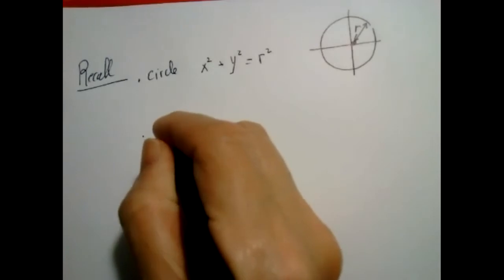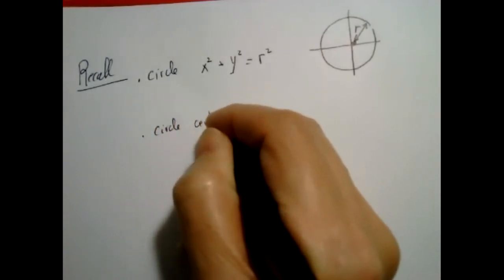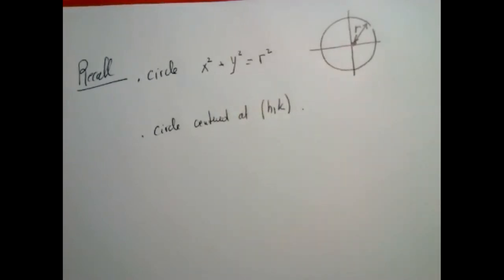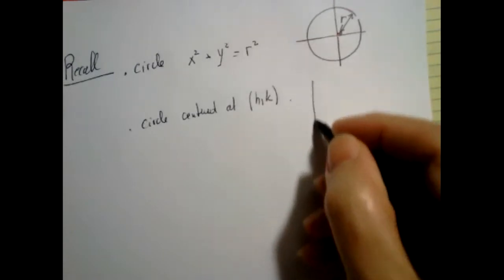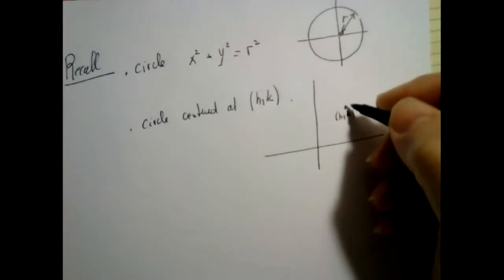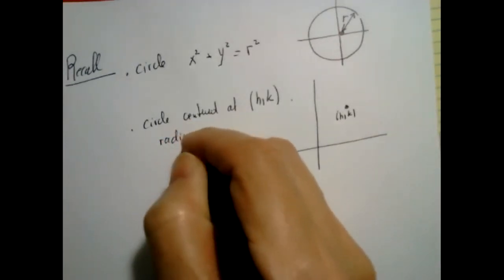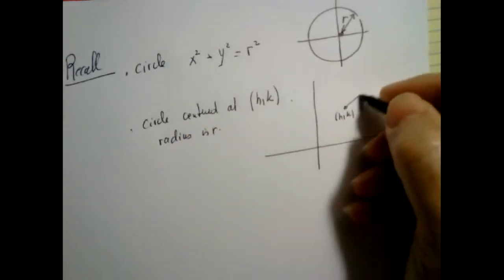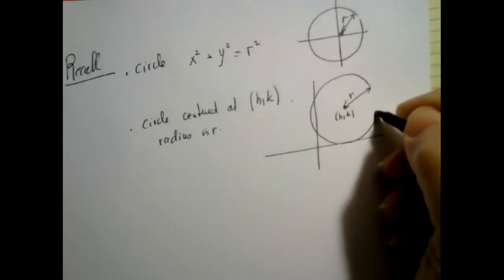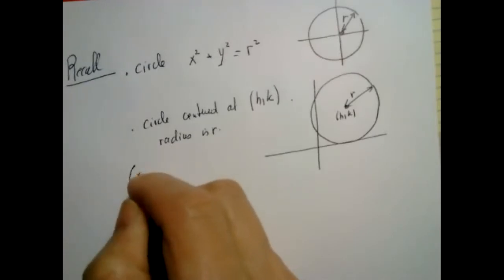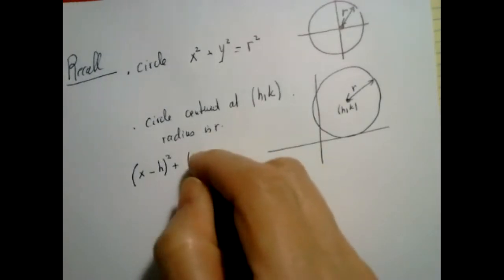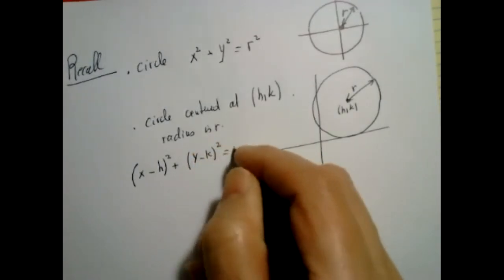Now, if you have a circle not centered at the origin, but centered at the point (h, k), so this is my circle, and the radius is r, then the equation of this circle, which some of you probably know and we will talk about later on, probably sometime next week, will become (x minus h) squared plus (y minus k) squared equals r squared.